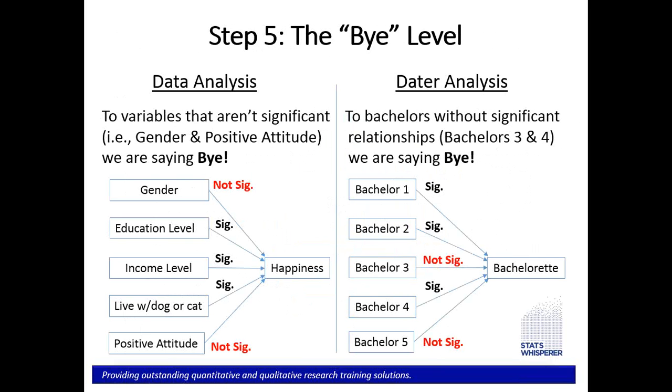And recall, we also call this the by level, B-Y-E, because in the bachelorette, this is where she says bye to all the one-on-one relationships that are not significant. And in data analysis, we say bye to all the one-on-one relationships between the predictors and the dependent variable that are not significant, such as gender and positive attitude.